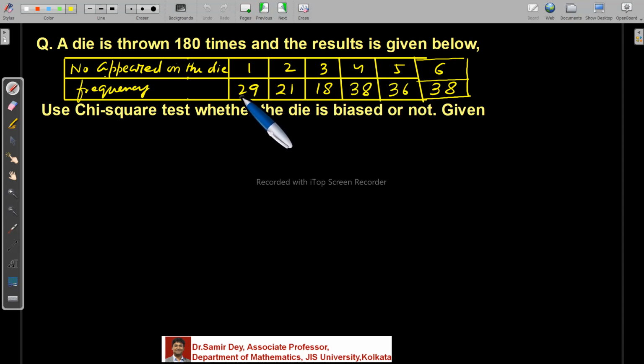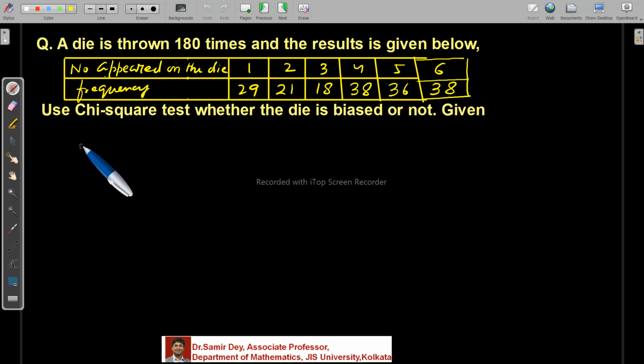So 1 appears 29 times, 2 appears 21 times, 3 appears 18 times, 4 appears 38 times, 5 appears 36 times, 6 appears 38 times. If I add together, it will be 180.